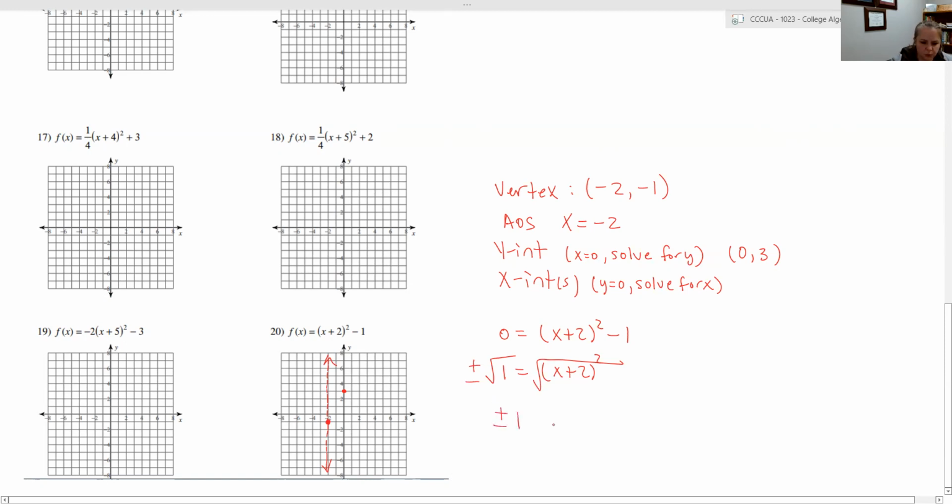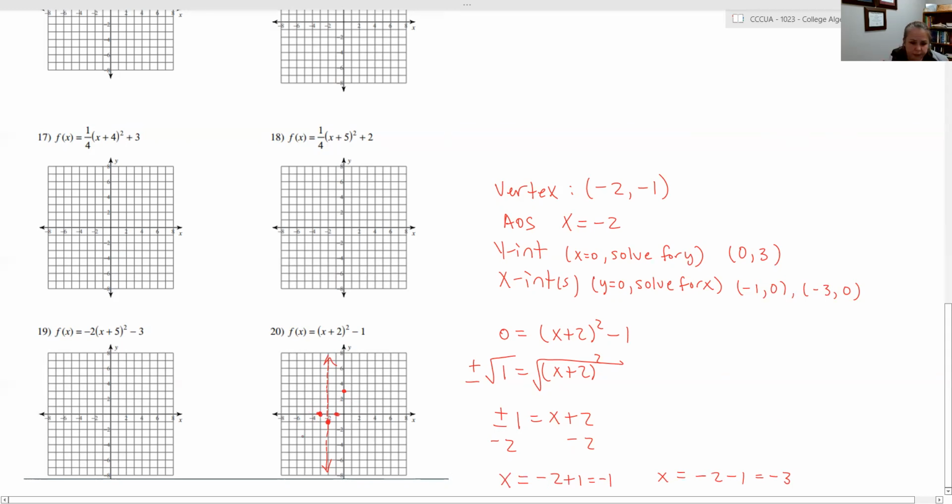So plus or minus 1 equals x plus 2. Then I subtract 2 from both sides. I get that x equals -2 plus 1, and x equals -2 minus 1. So we get -1 and -3. So my x-intercepts are (-1, 0) and (-3, 0). Getting those points on my graph.